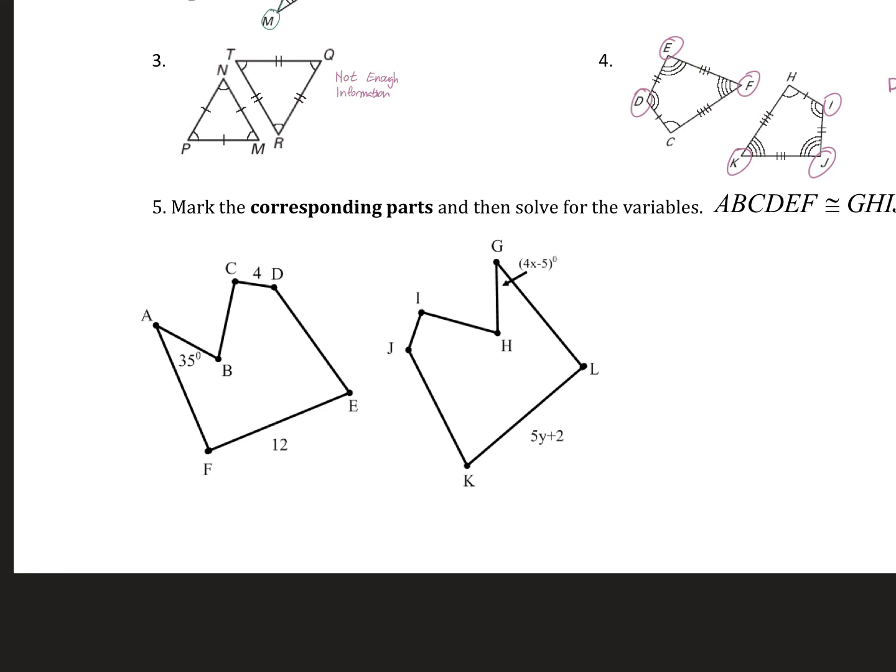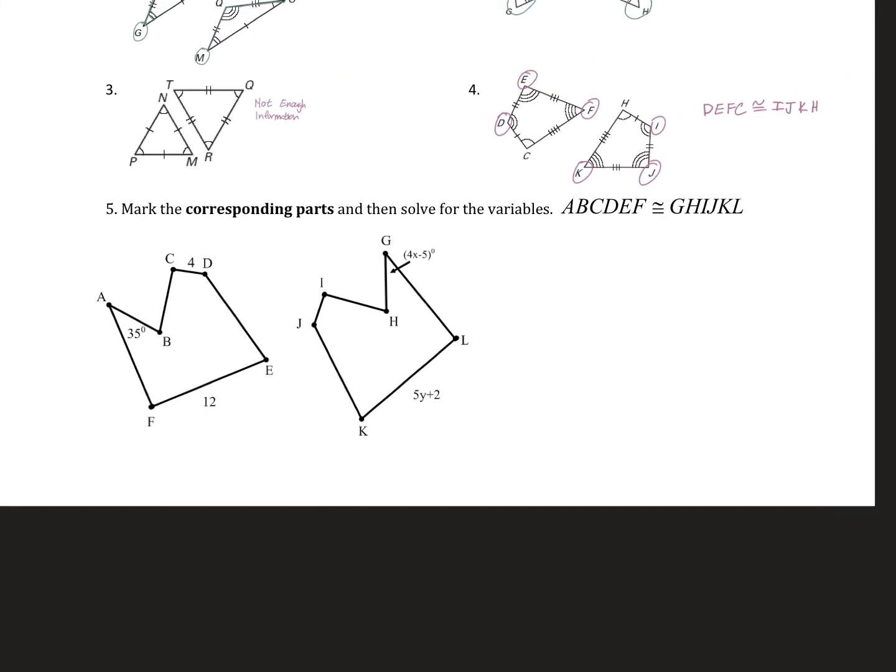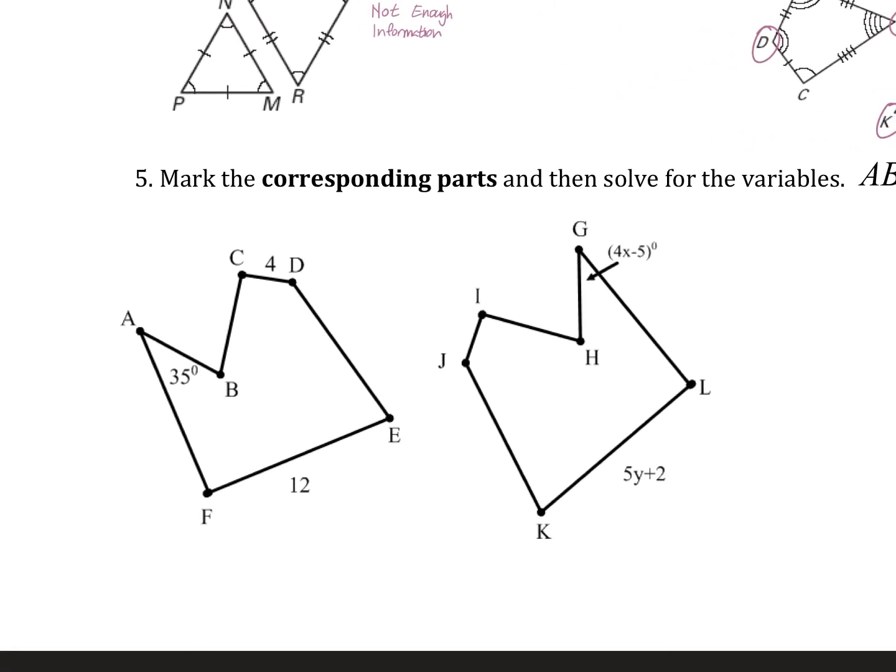All right, so I'm going to start with G here. So looking at my congruent statement, I can see that G is the first letter, so it means it corresponds with A. So I can conclude that G and A are congruent. So I'm going to mark that they're congruent. And now I'm going to use that information to solve for the variable.